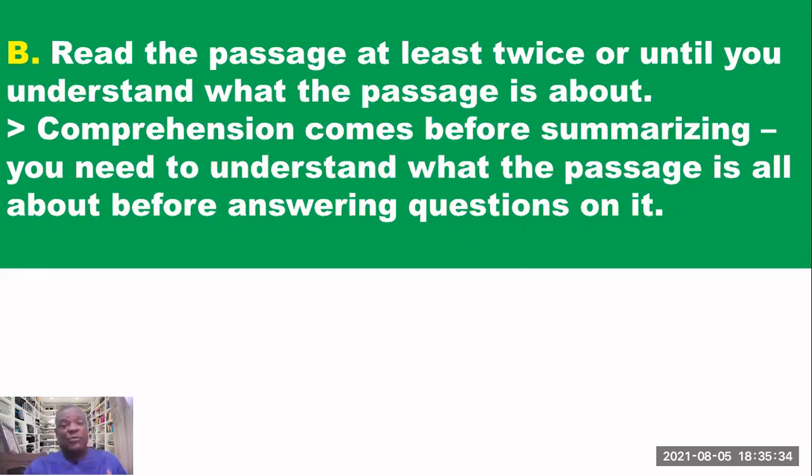And if you are able to read and grasp the main points of a passage, even after the first reading, you are already aware of what the passage is about. More so because you already have a prior knowledge of what the passage is about, having read the question first.